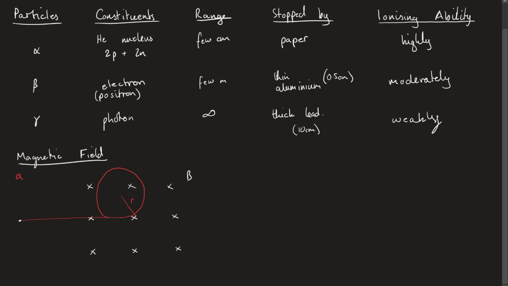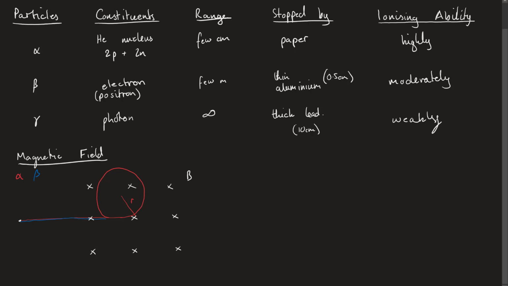Then we need to switch colors again and say, what happens if a beta particle comes into this magnetic field? Well, if it comes along the same trajectory, we're assuming they have the same velocity. Obviously, in reality, the beta particle will have a much higher velocity than the alpha particle because of the range of it.